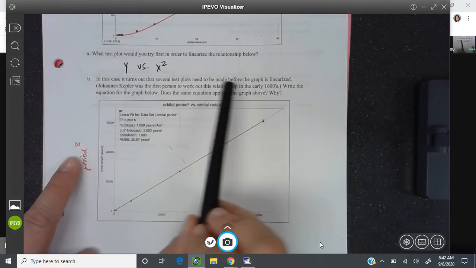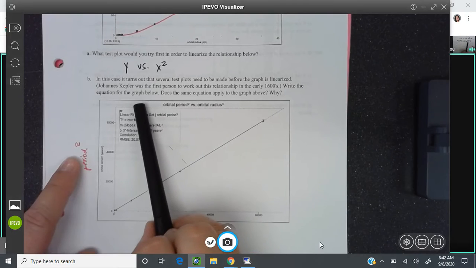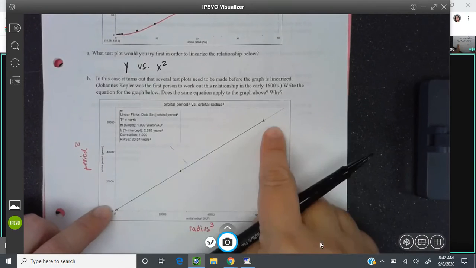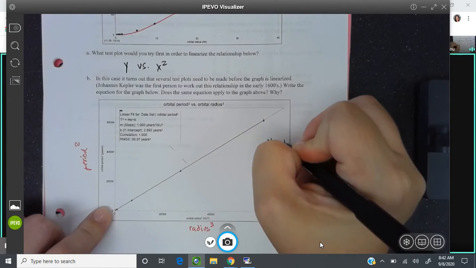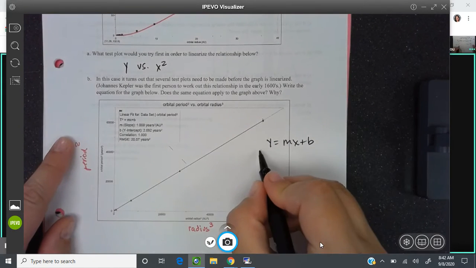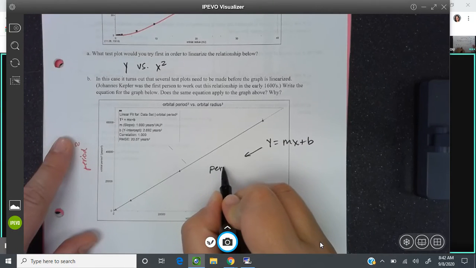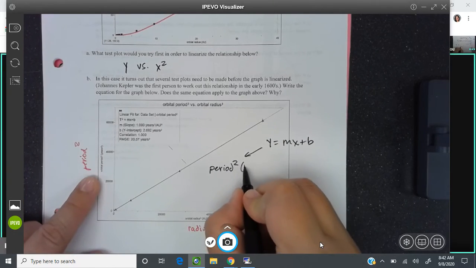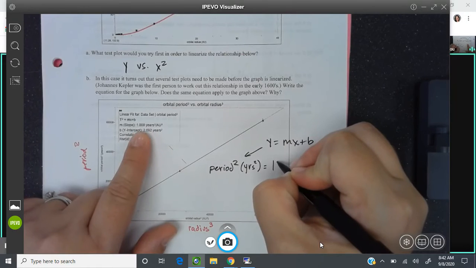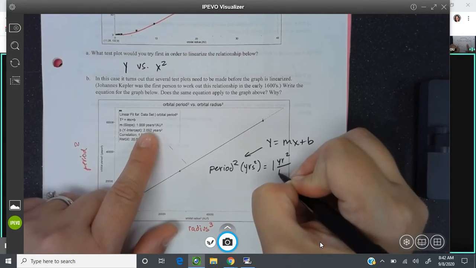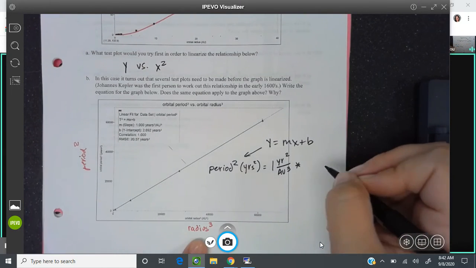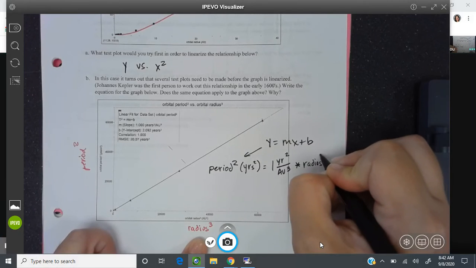It says, write the equation for the graph below. And does the same equation apply to the graph above? All right, so let's write the equation first. This thing is a line, so we know we're going to be in the form y equals mx plus b. But here our y is orbital period squared. So for y, we're going to have period squared in years squared equal to our slope, which is 1 year squared per astronomical unit cubed, times r, which is our radius, cubed.